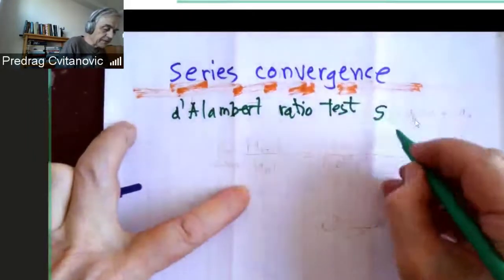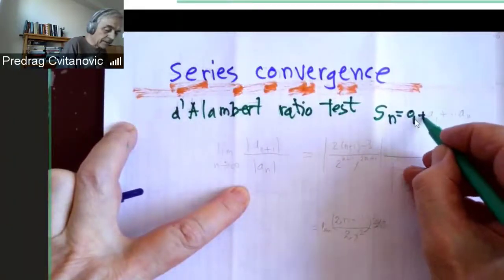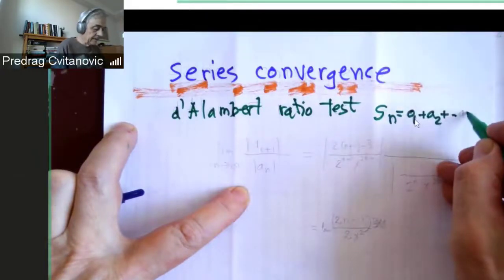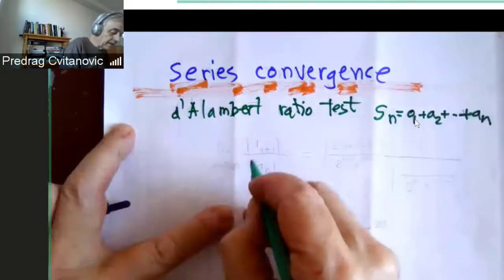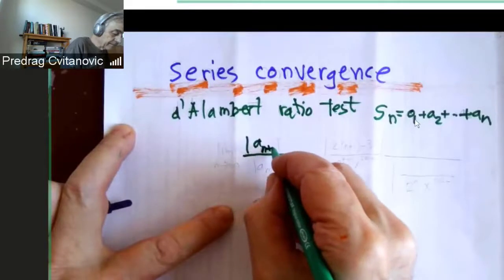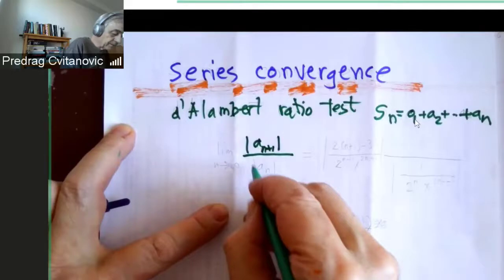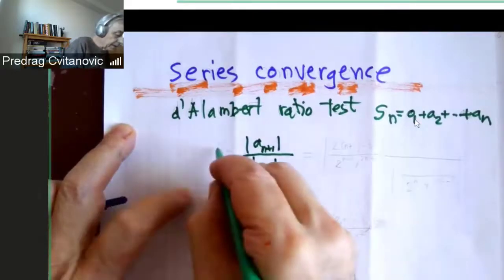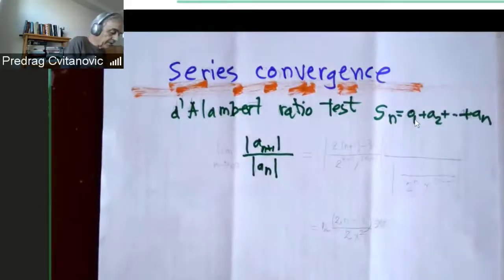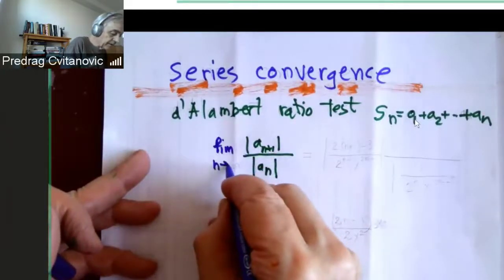If you have a partial sum Sn equal to A1 plus A2 plus ... plus An, then you can compare the next term in your partial sum. You look at its absolute value divided by the previous one, and you look at what is the limit of this as n goes to infinity.